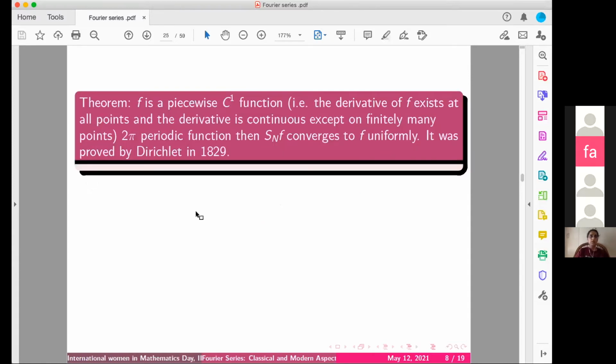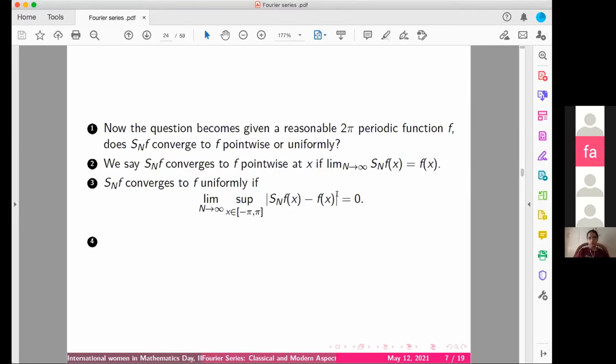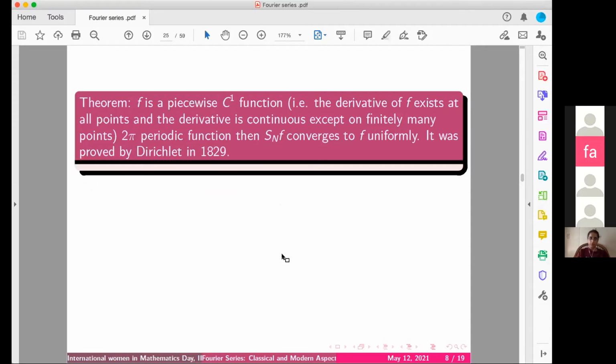All right, so one of the earliest results on this question of convergence of Fourier series, which has intrigued mathematicians for centuries, was obtained by Dirichlet in 1829. And in those times, even the notion of function was very limited.